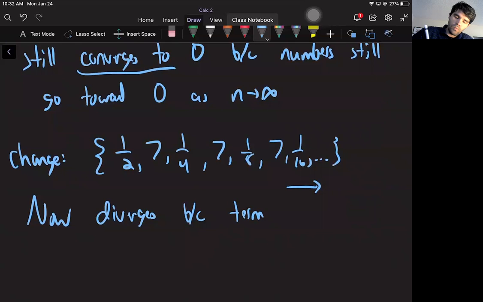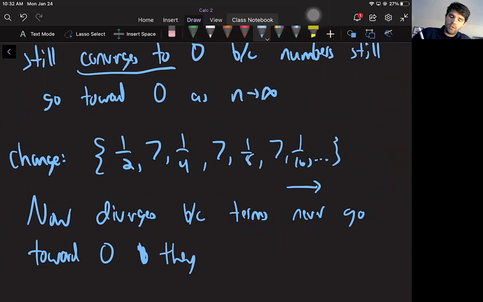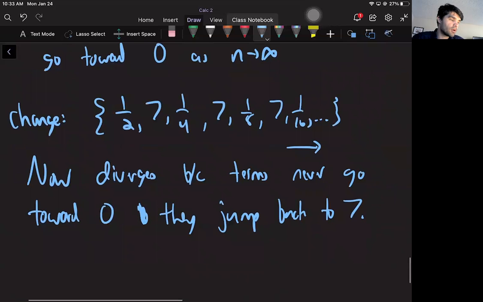So the terms never go towards 0. They jump back up to 7 every time, every other term. No matter how far you go, they never start going towards 0.